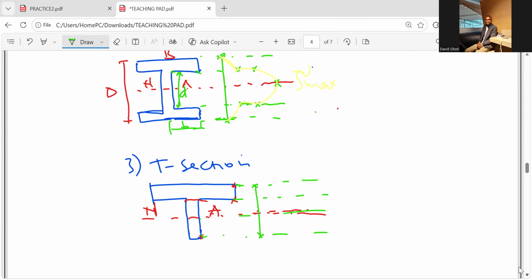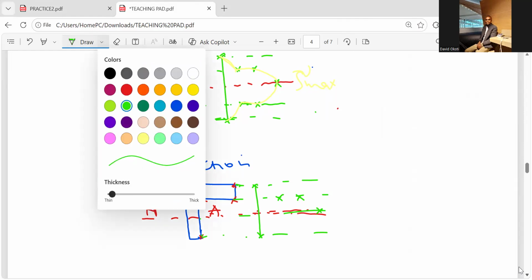And then for the intersection between web and flange, I'm going to plot 2 points. The first point is due to flange, then the other one is due to web, and then finally I plot at the neutral axis where I expect to have the maximum value, and then here it will come back to 0. So this distribution will take this shape here.